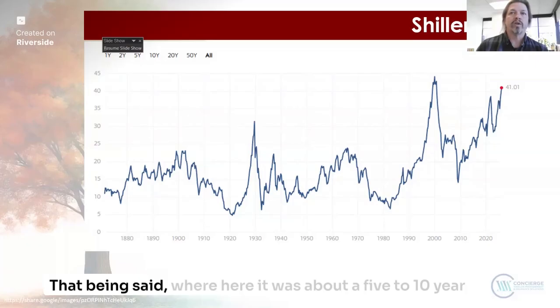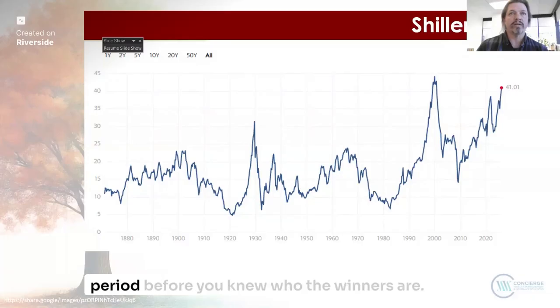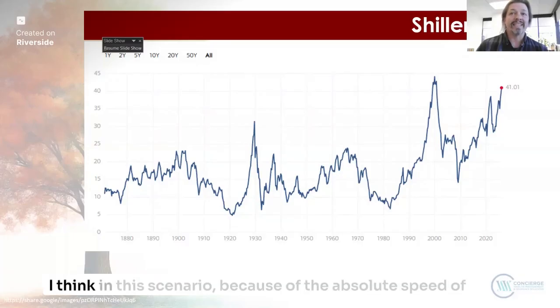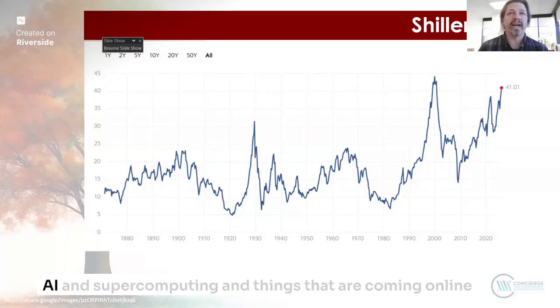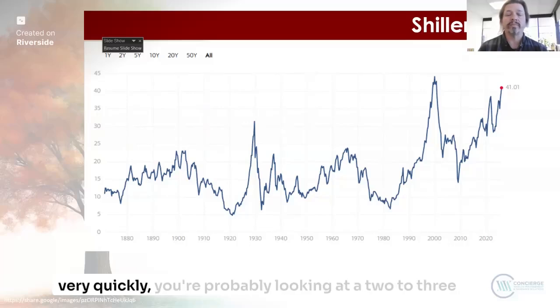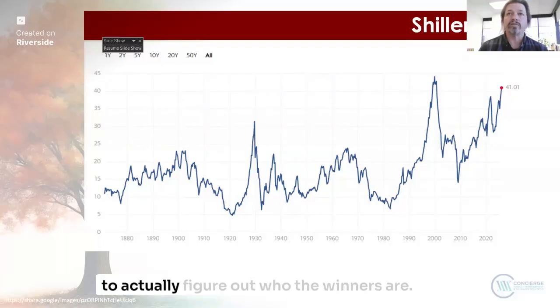That being said, back then it was about a 5 to 10 year period before you knew who the winners were. In this scenario, because of the absolute speed of AI and supercomputing and things coming online very quickly, you're probably looking at a 2 to 3 year cycle to figure out who the winners are.